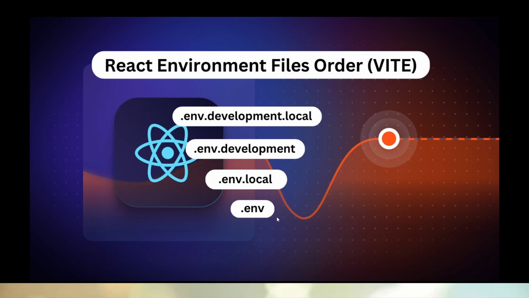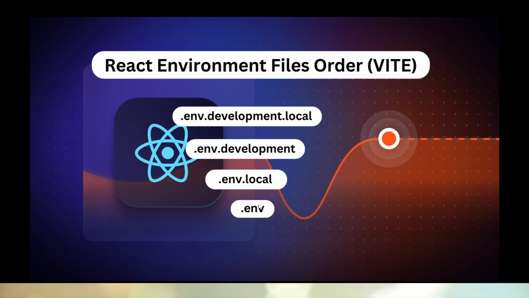If we think about the production environment, inside production we will not have the .env.development files. Instead of the development keyword, we'll have production. So the files are .env.production.local, .env.production, .env.local, and .env.